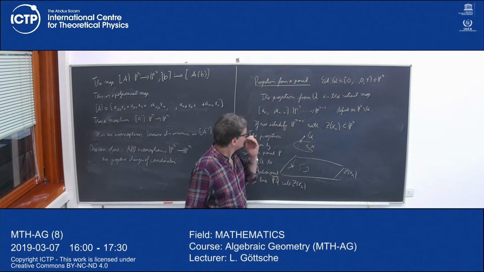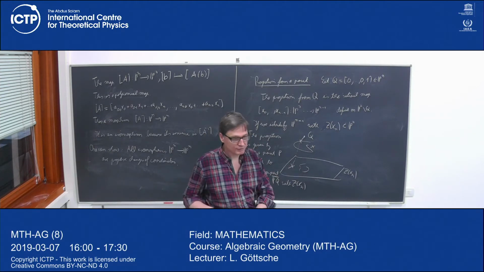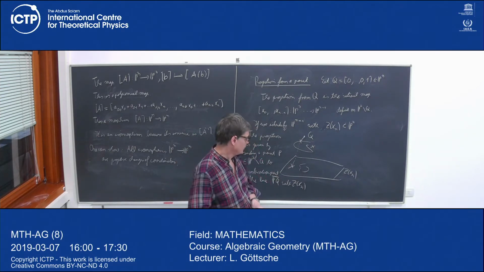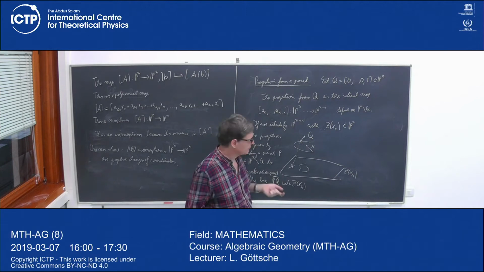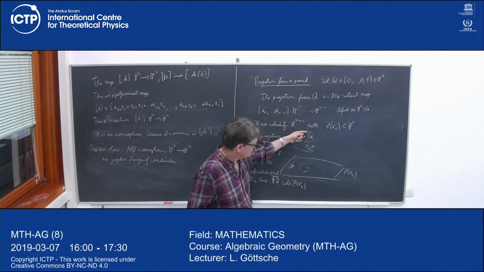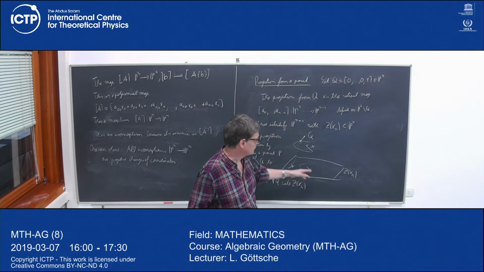So normally you would say you want to project from a point to a hyperplane which does not contain that point. And you can find the linear transformation which moves that point to this point and that hyperplane to this hyperplane.